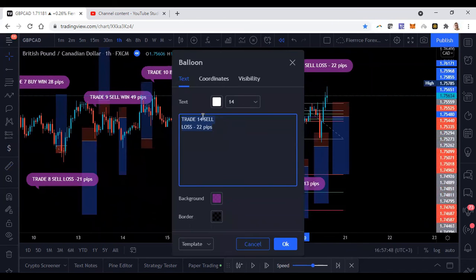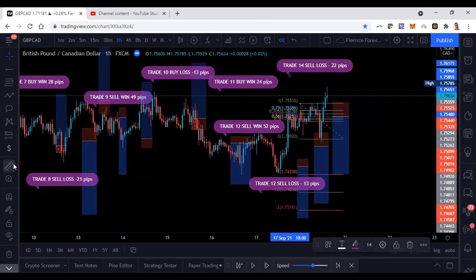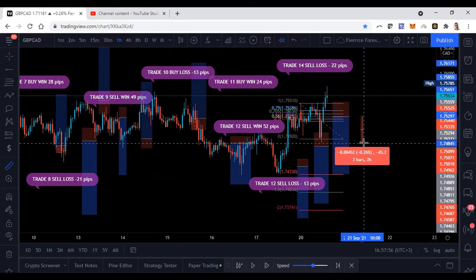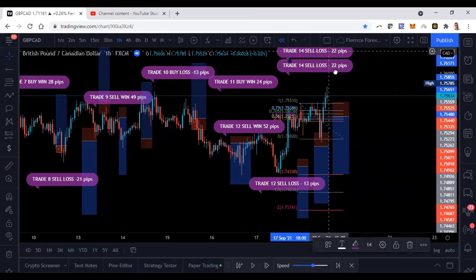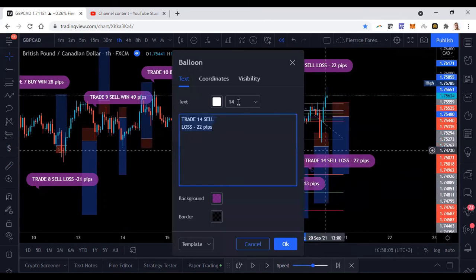Okay, so we've gotten 43 pips. So trade number 15, we got our 43 pips. Don't mind my messy chart. It will all make sense.